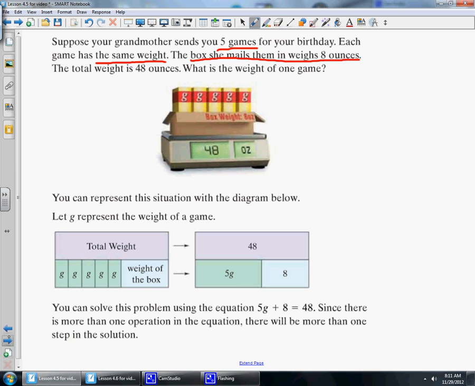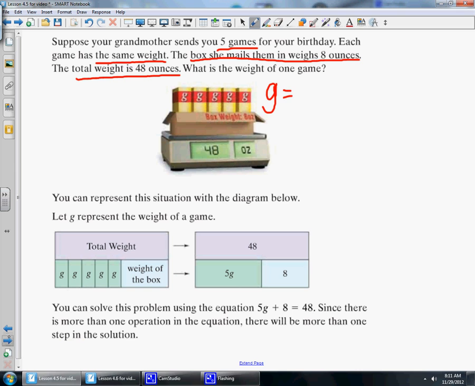So the box is 8 ounces, and the total weight is 48 ounces. What is the weight of one game? This is pretty nice because the weight of one game is going to be the variable. So in this problem, they use the variable g.